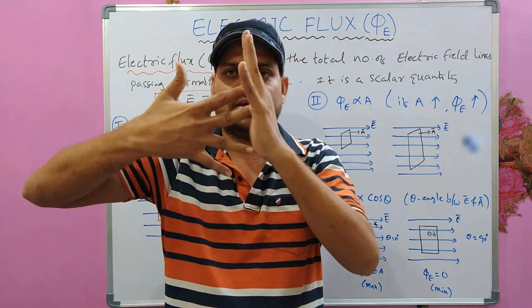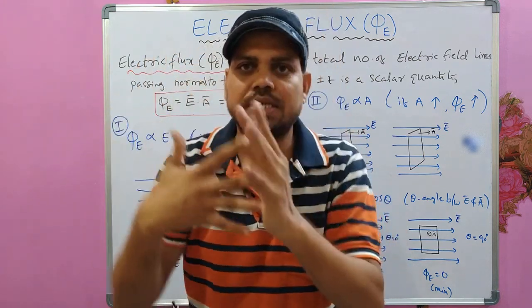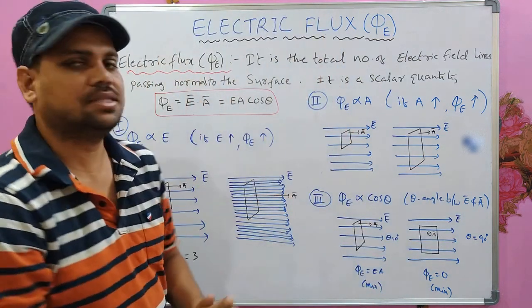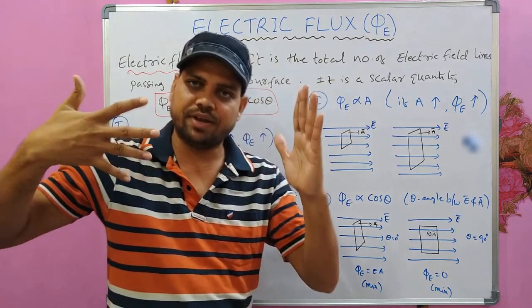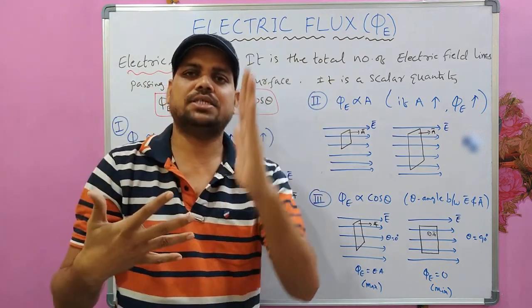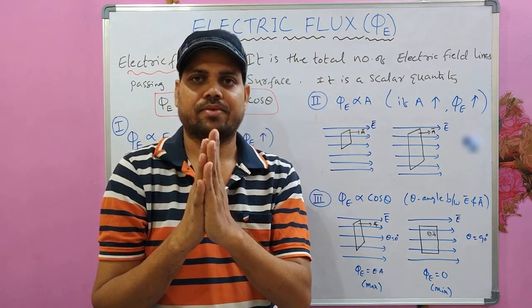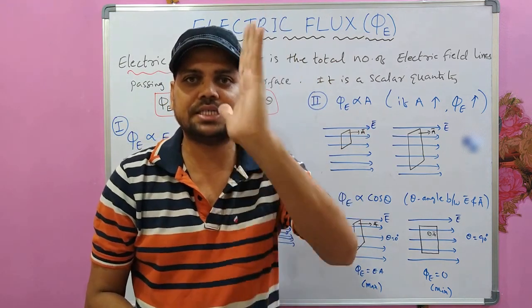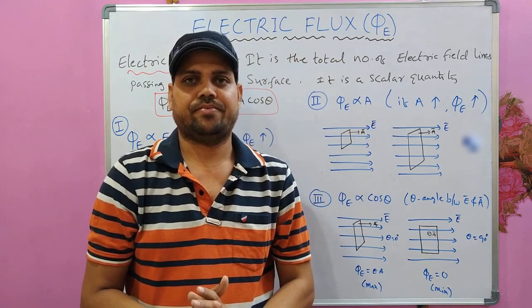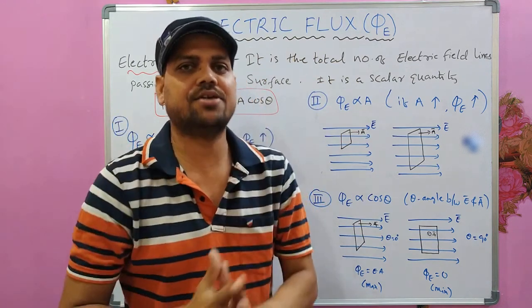So this is about electric flux: the total number of electric field lines passing through the surface normally when that surface is placed in an electric field, and it is a scalar quantity.